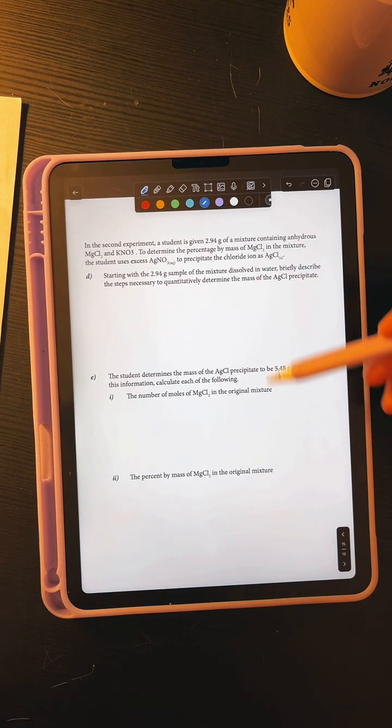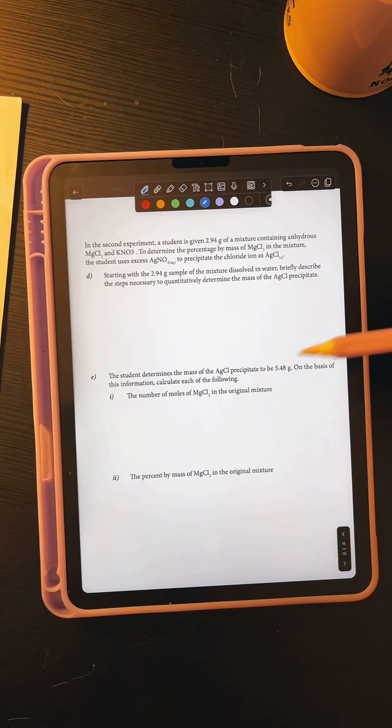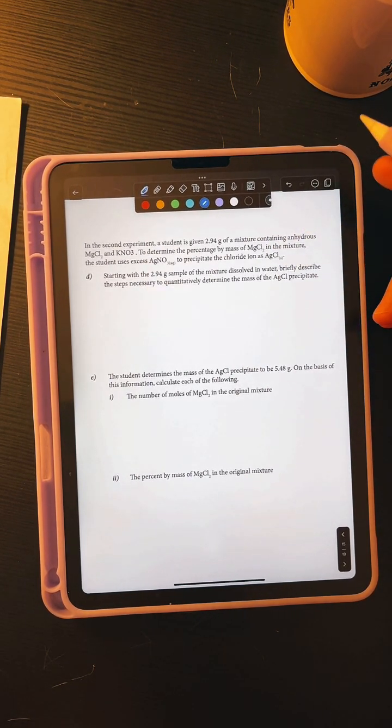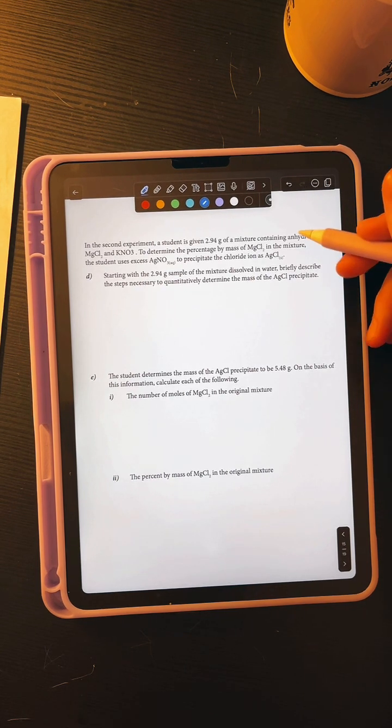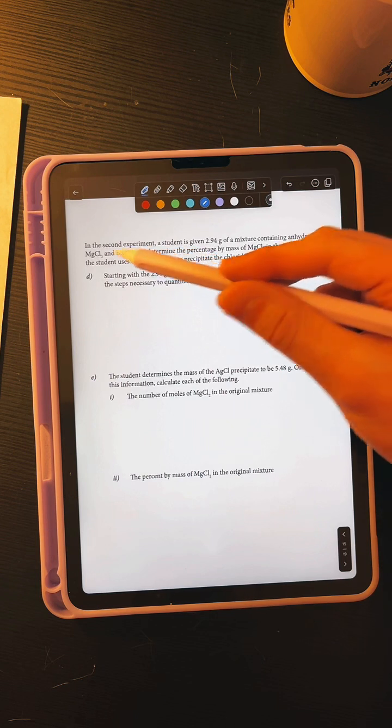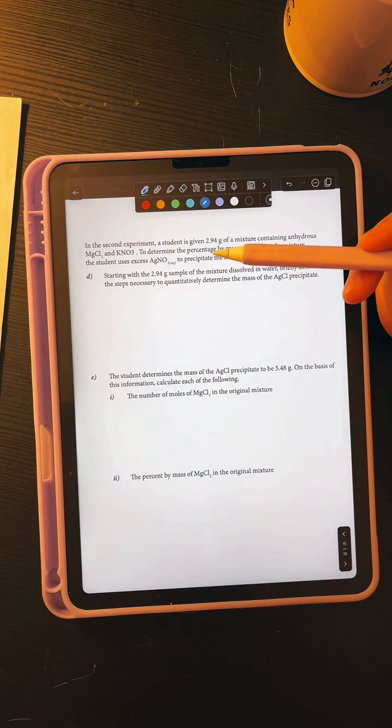So let's go through the final 2 problems, technically 3, but final 2. In the second experiment, a student is given 2.94 grams of a mixture containing anhydrous, meaning no water, magnesium chloride and potassium nitrate, so MgCl2 and KNO3.